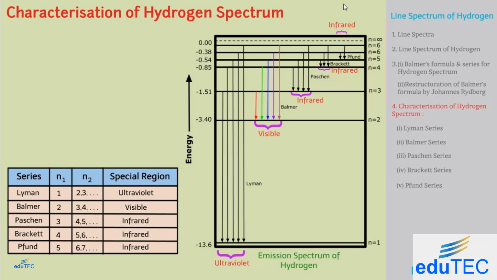Let's understand the line spectrum. Each orbit has some energy, and energy increases as the number of the orbit from the nucleus increases. The electron, which is at infinite distance from the nucleus, is thought to have maximum energy equal to 0.